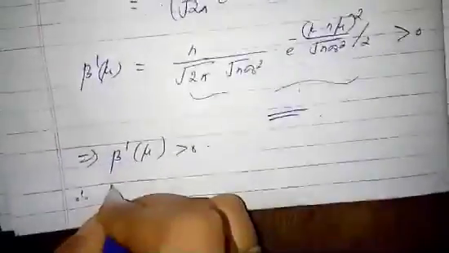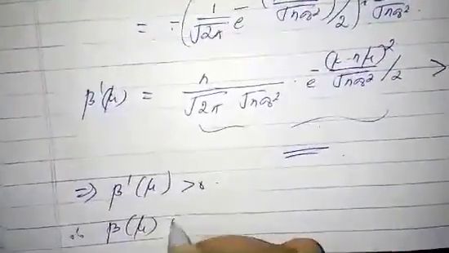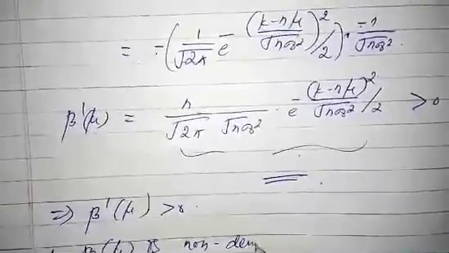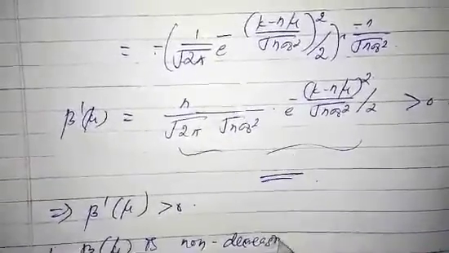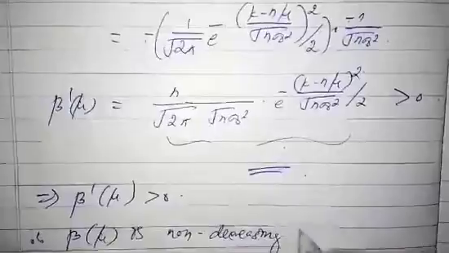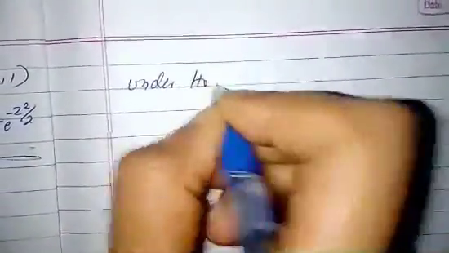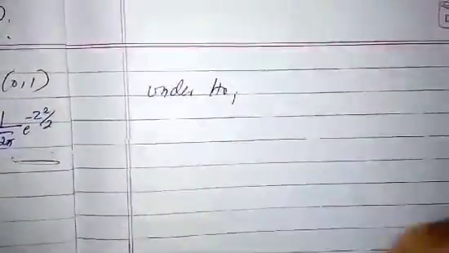Therefore beta of mu is a non-decreasing function of mu. Under H naught, what is H naught here?